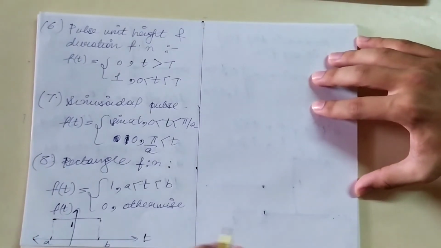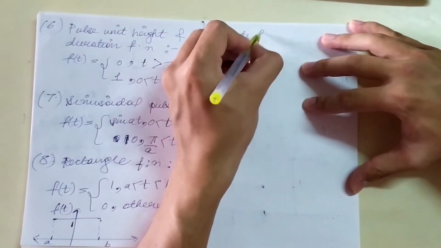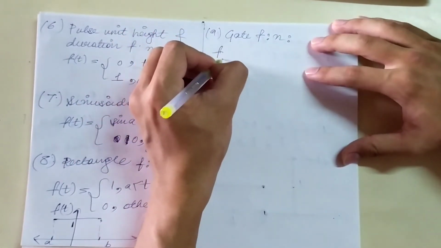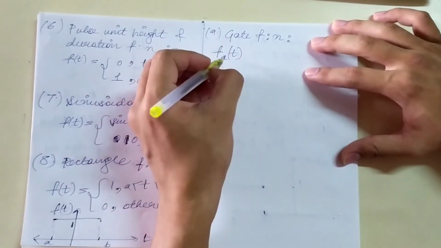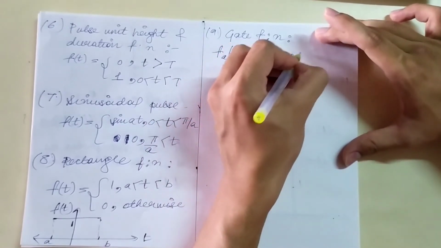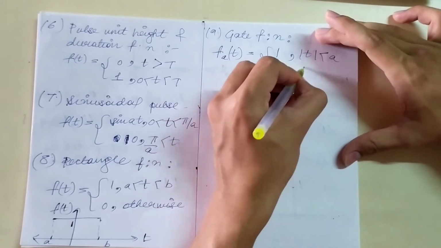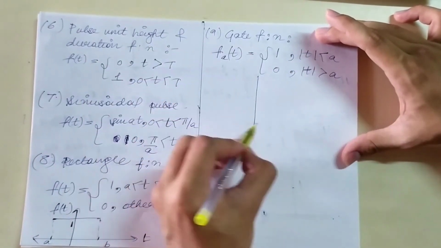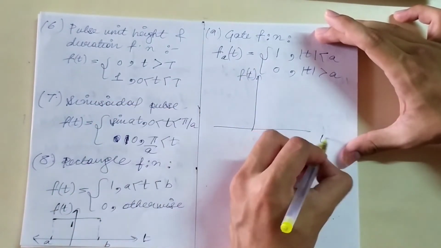Now we come to the ninth, that is the gate function. The gate function is defined with the symbol f subscript a. It is equal to 1 for mod t less than a and 0 for mod t greater than a. So this is f(t), this is t.